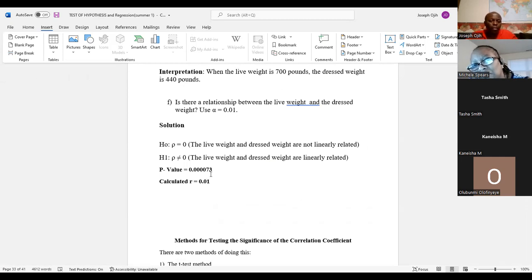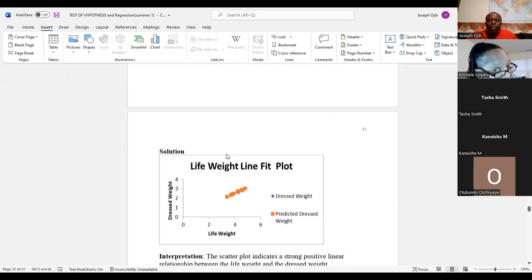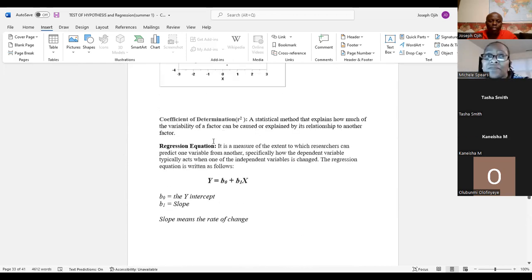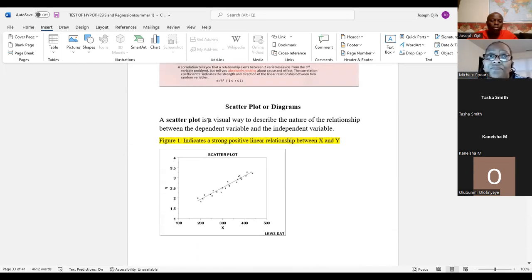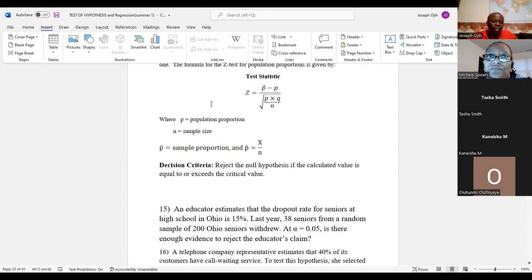Now, if the p-value is less than the alpha, what do we do? Remember from last night? Okay, let me refresh your memory. Reject it. You reject it, certainly. And see right here, we're using the p-value method.